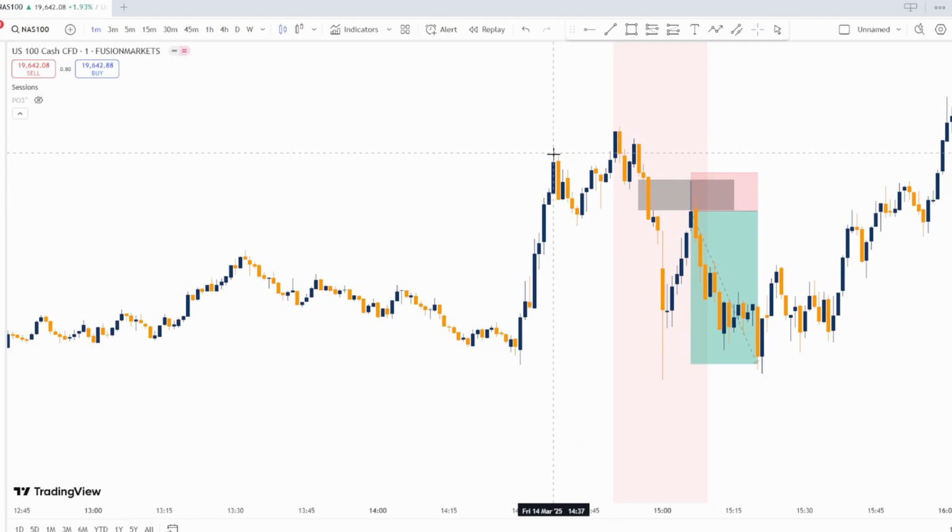What you see here is we have the highs from the New York Stock Exchange open. Once we hit the AM macro, we took out those highs but immediately reversed. On the reversal, we have a structure change right here when this massive candle closes below the previous low. This signifies a change of the structure of the market.